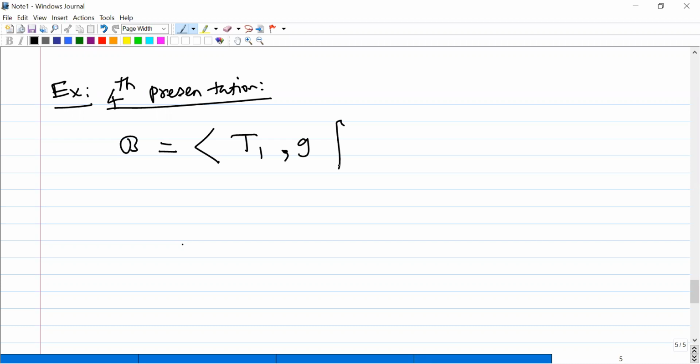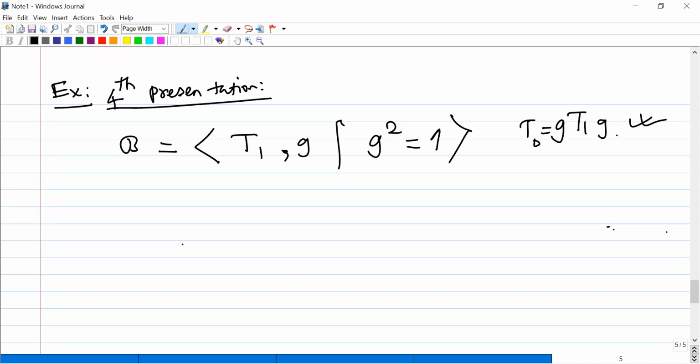There is no relation between T1 and G, because GT1G is T naught, so that is not reflected here. So we only include one relation, that is G square being 1. To go from this to the original GT naught T1 relations, you use the definition of T naught to be G T1 G. That will give you this new presentation.